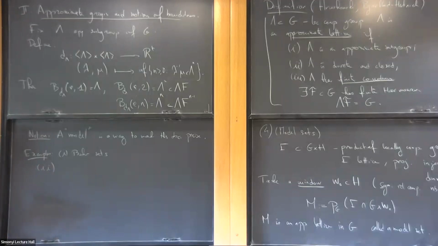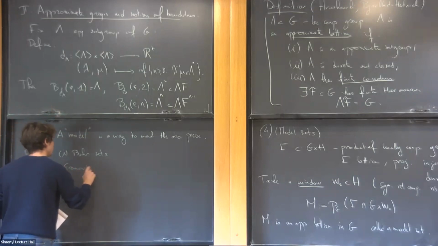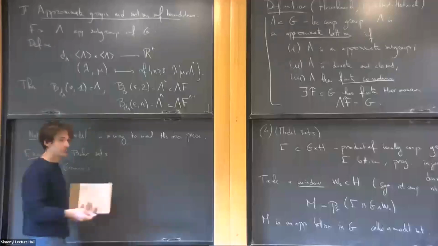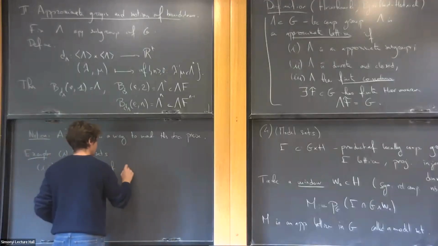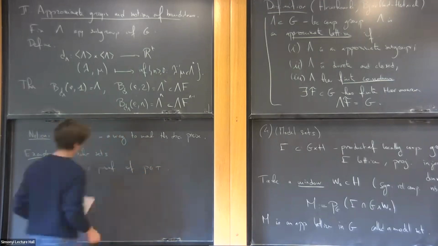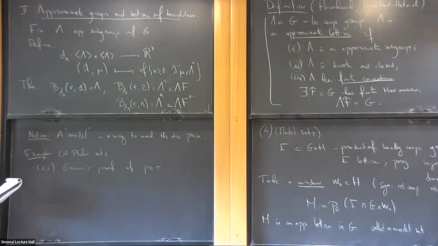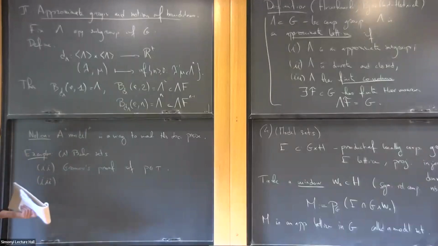Okay. A notion that appears in Gromov's proof of the polynomial growth theorem, PGT. Interesting. This can be traced back to some work of Weil on putting topologies on measured groups.